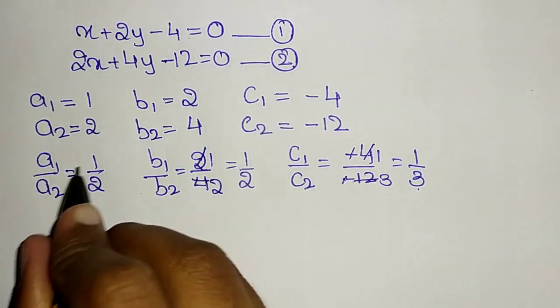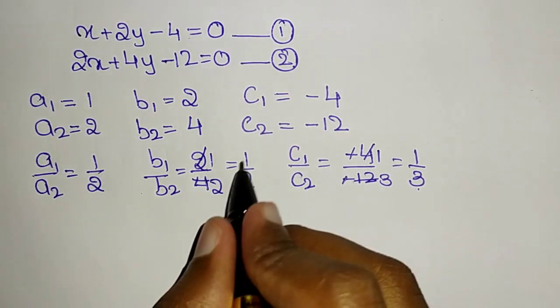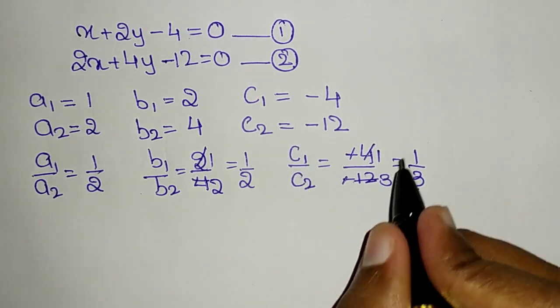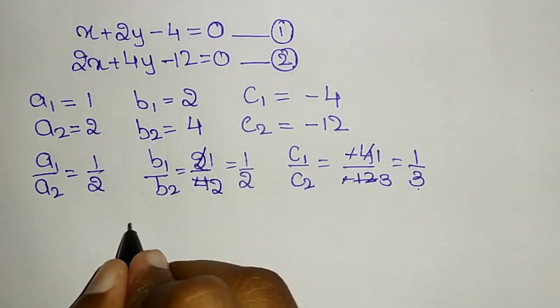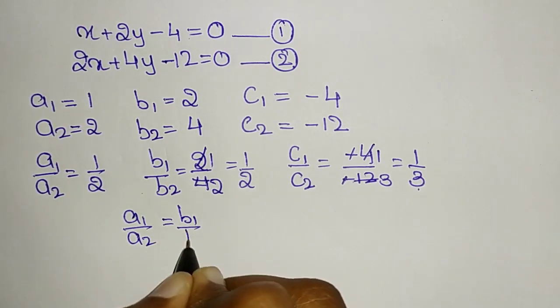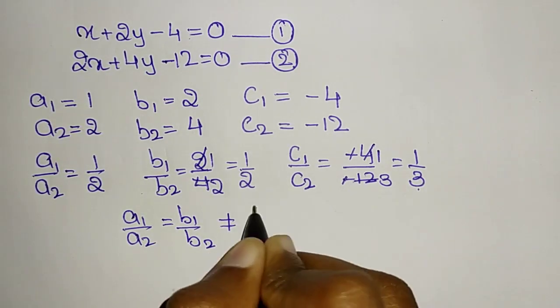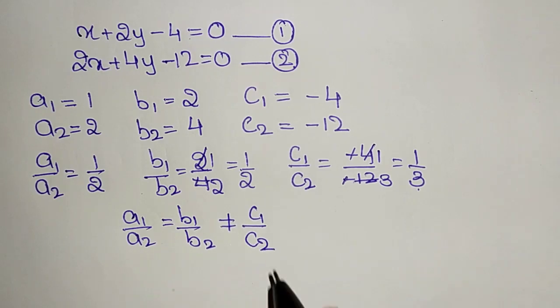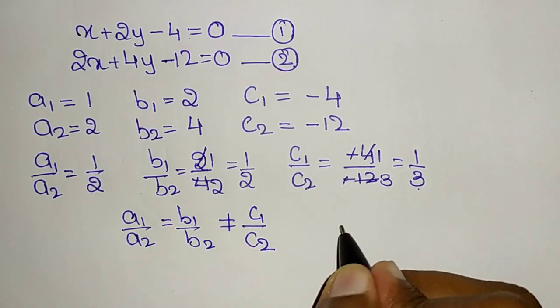So a1 by a2 is equal to half, b1 by b2 is equal to half, but c1 by c2 is equal to 1 by 3. Therefore a1 by a2 is equal to b1 by b2 but not equal to c1 by c2. This is the third condition, which means the lines of the plot are parallel to each other. That means the equations have no solutions.